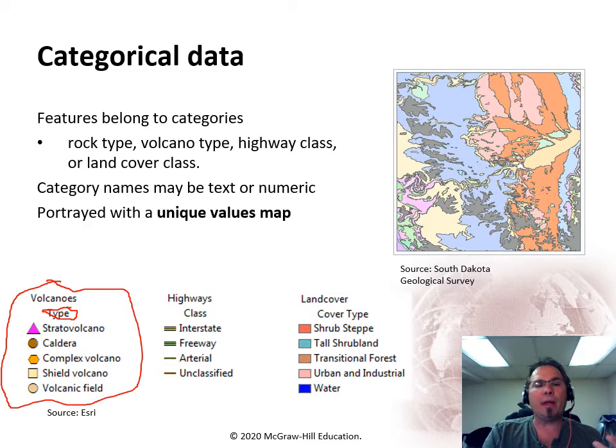Now that's for points, so the same thing applies for lines. You have highways, and within the attribute table there's a column called class. And in that class, it differentiates the different types of highways. Is it an interstate? Is it a freeway? Is it an arterial or unclassified? Okay.